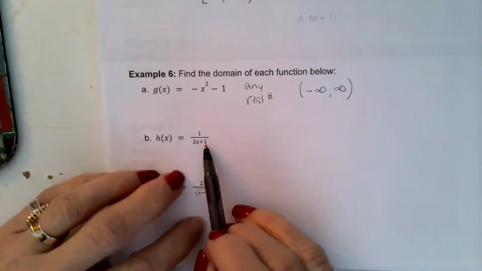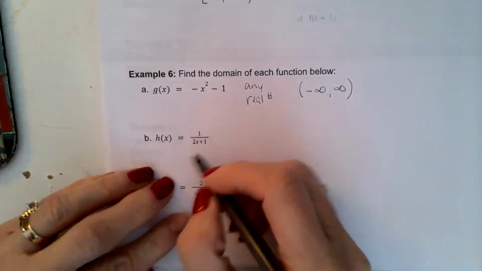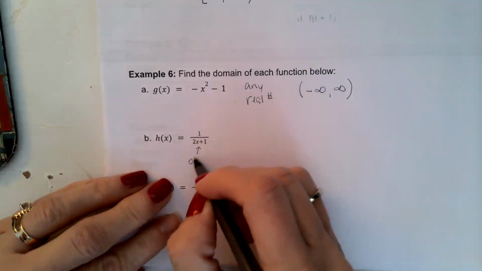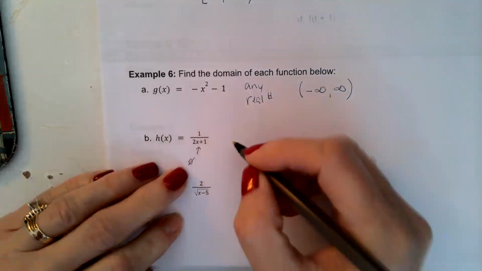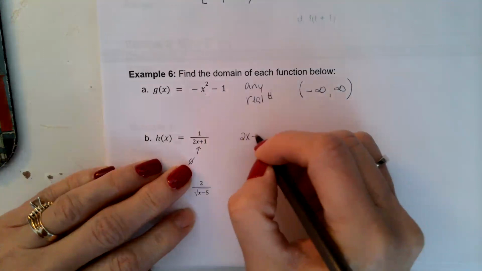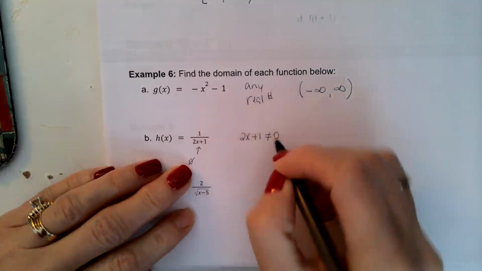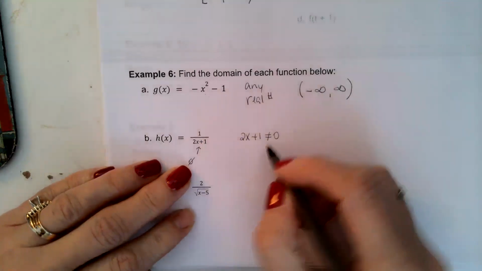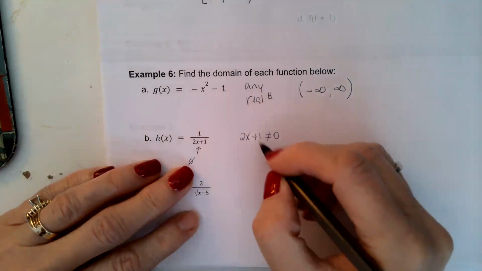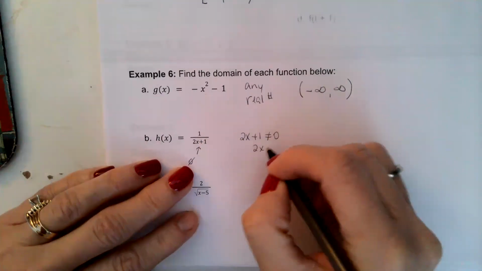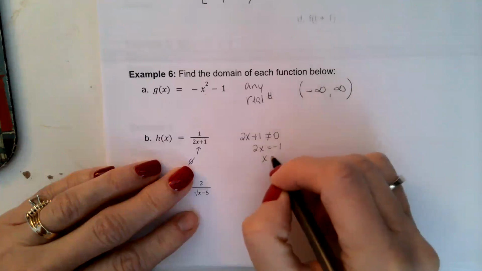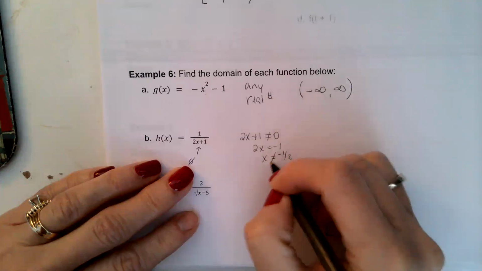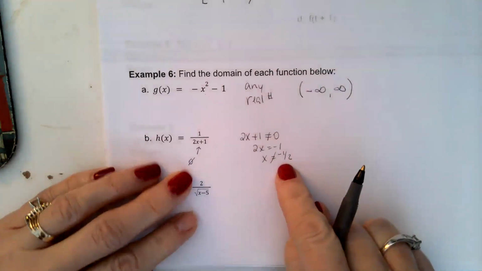Now in letter B, we do not want to have a 0 in the denominator. So that means we can't let 2x plus 1 equal 0. It cannot equal 0. And so to do that, I'm going to solve for x and find out what that is. So if I subtract 1 from both sides and divide by 2, I find out that x cannot equal a negative 1/2.